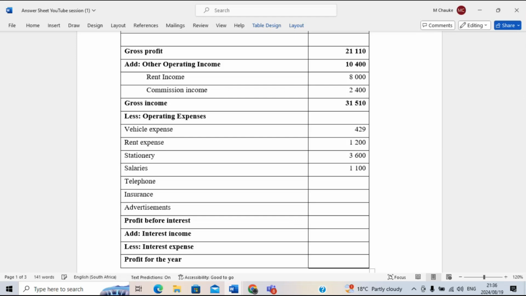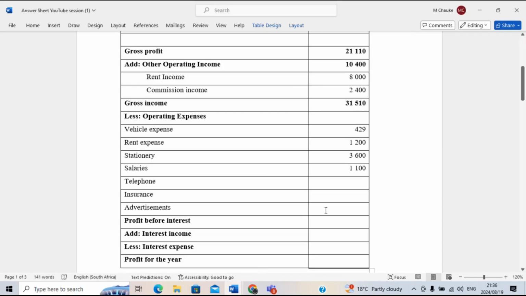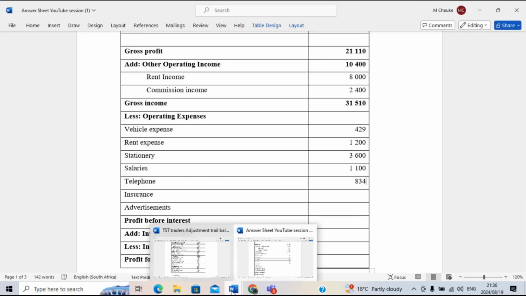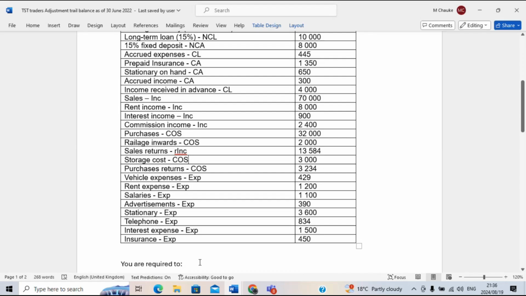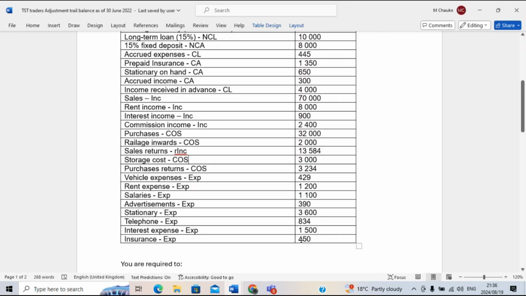And then telephone is 834. And then what else did I leave there? Insurance, right? Insurance and advertisement. Let's go and check that. Anyways, insurance is 450.